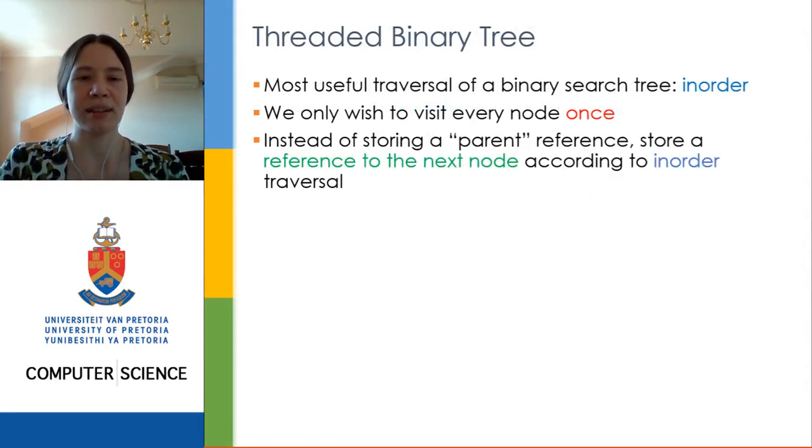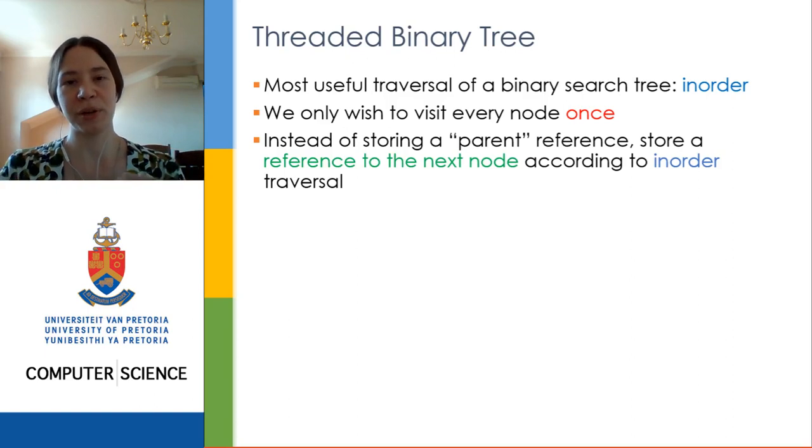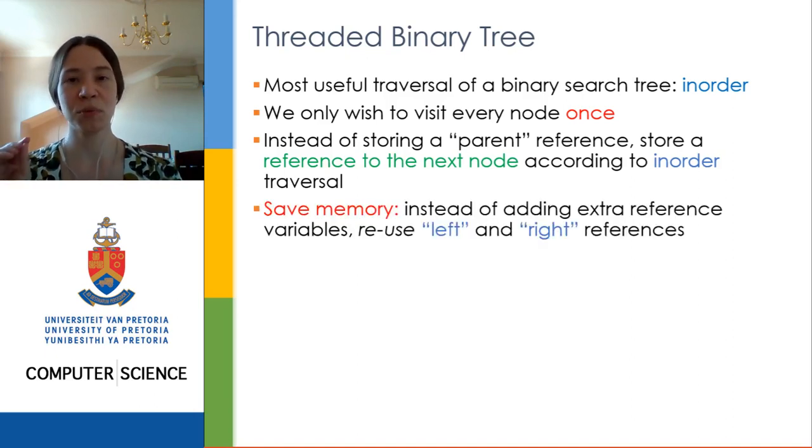So we do not want to just store the reference to a parent. Instead, we want to store a reference to the next node that should be printed in the in-order traversal fashion. Whether it's a parent or a node further in the tree, it doesn't really matter. Also, what is very important, we are not going to declare an extra reference variable.